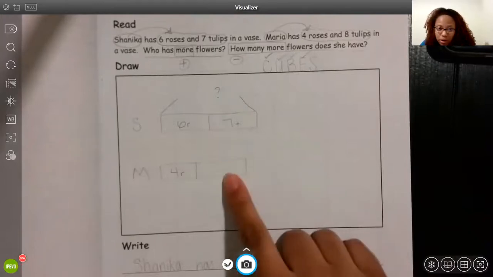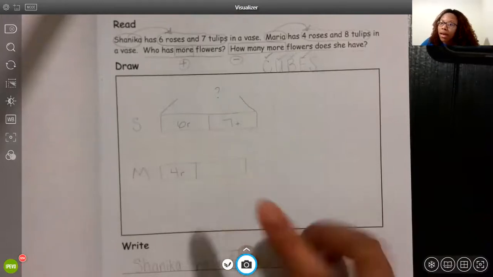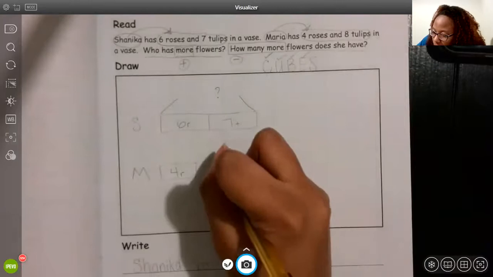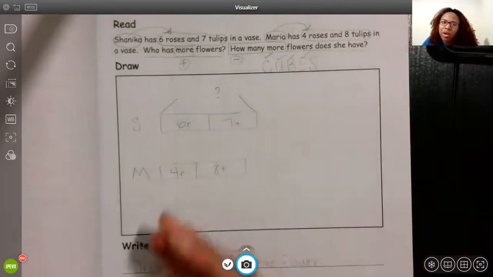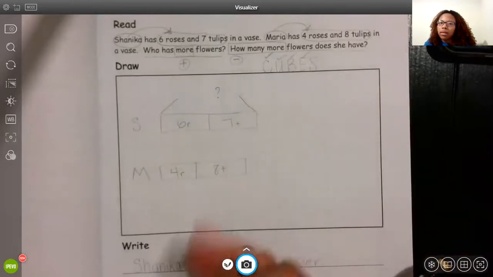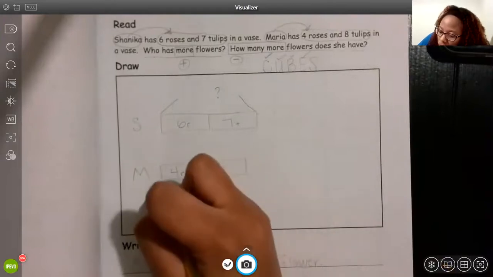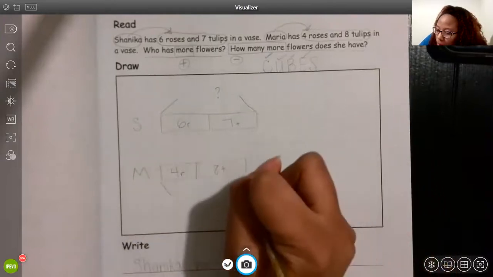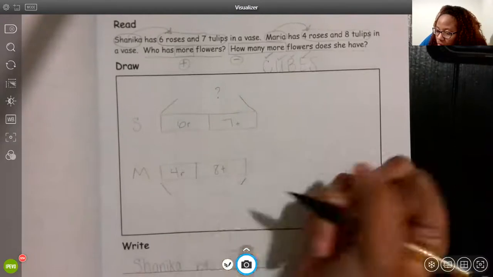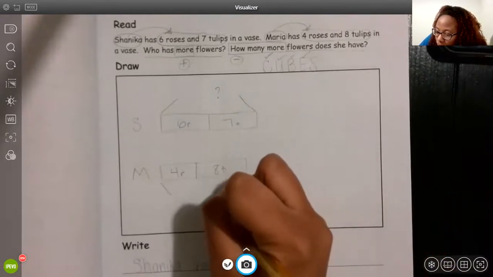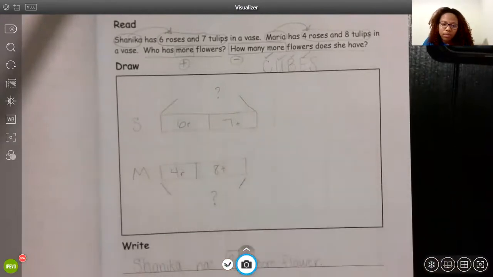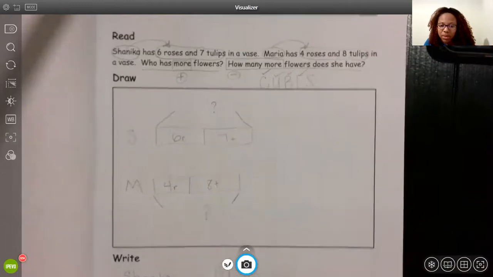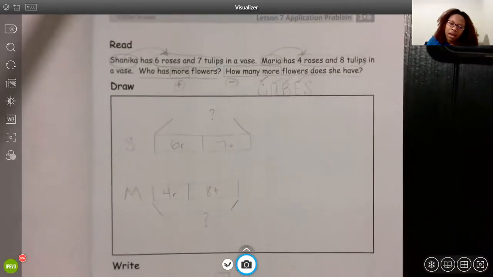And then what will go right here? 8 T, so 8 tulips. And do we know our whole from Maria either? No, not yet. So you could draw your 2 arms at the bottom of her tape diagram if you want. And go ahead and put that question mark because you do not know her whole yet.